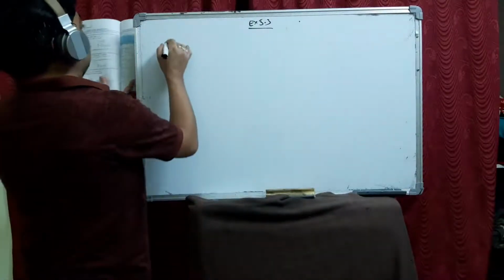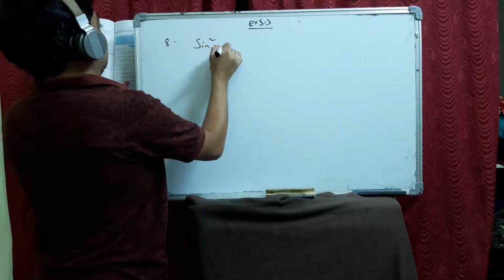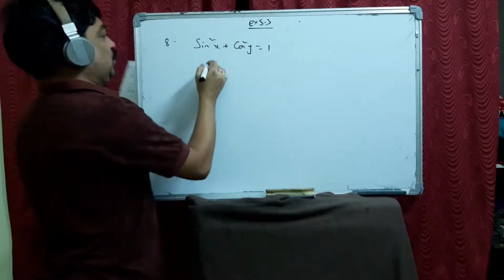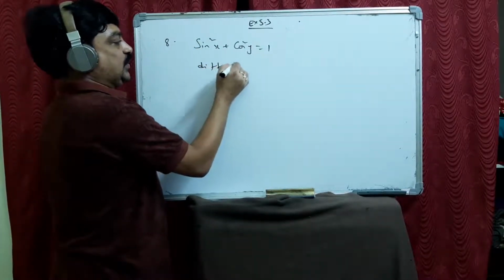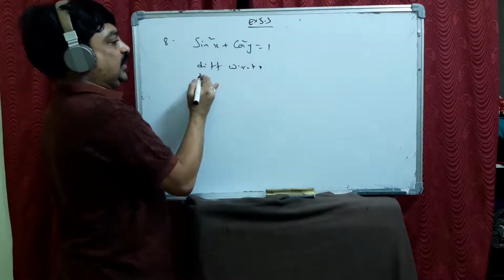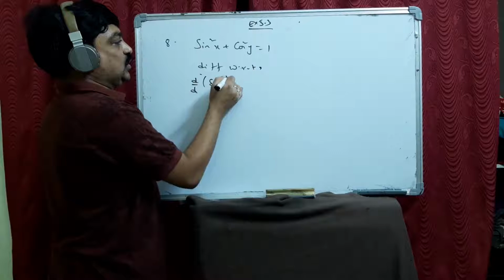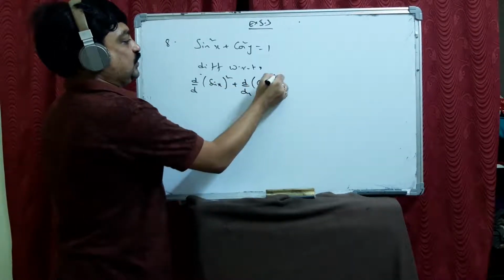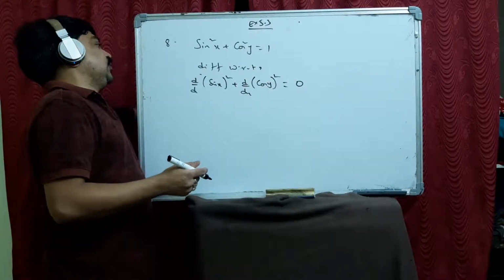See the 8th question. We need dy by dx. sin square x plus cos square y is 1. Differentiating. I told you when there is a square, we should treat it as a whole square, differentiating both sides with respect to x. Take this as d by dx of sin x whole square, plus d by dx of cos y whole square, is 0, because the derivative of 1 is 0.